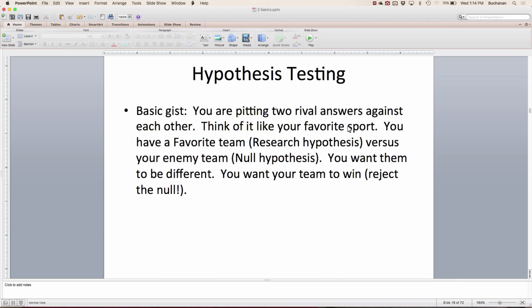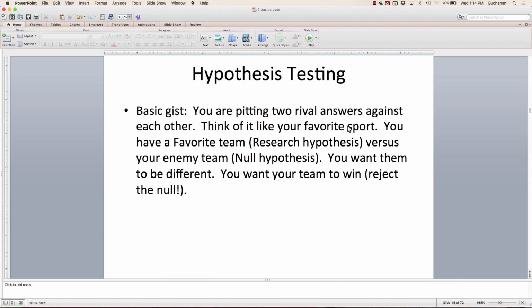You have two rival hypotheses going on. Usually a null, that nothing happened, and the study was a waste of time, and a research hypothesis. You can think of your research as your favorite team, and the null hypothesis as your enemy team. And you want one hypothesis to win. When you win, it's called rejecting the null, or once you get past intro stats, statistically significant.